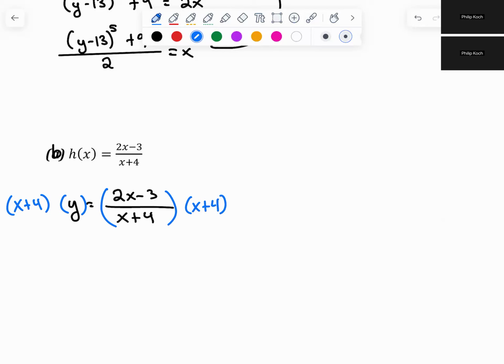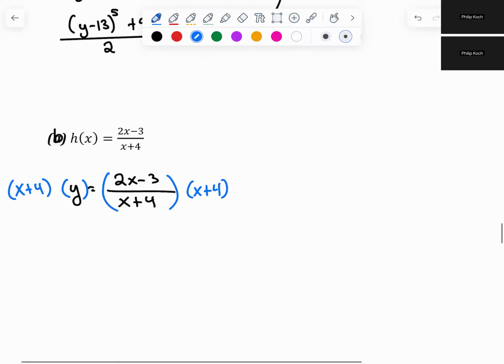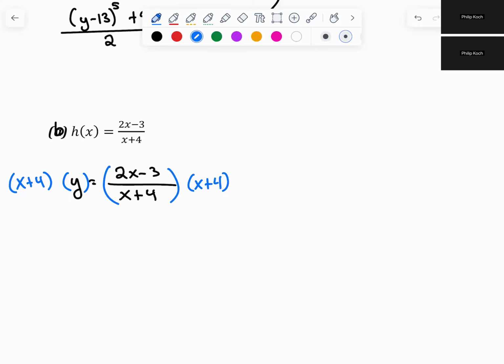Yes, it gets me closer to having carpal tunnel, but it's not terrible. And all I need to do is just erase it or cross it out and start again. This isn't killing me. This isn't life or death. So let's do that. And then we've got xy plus 4y is equal to 2x minus 3.